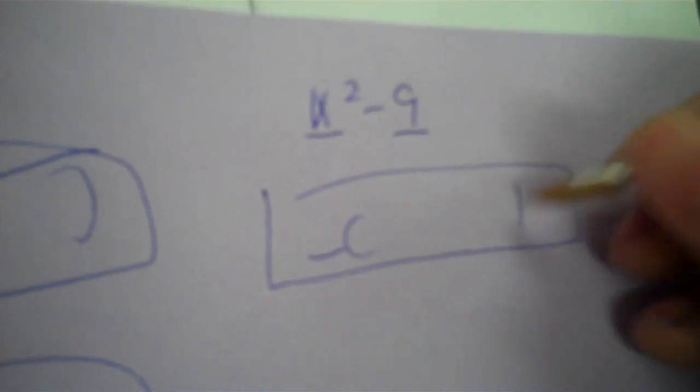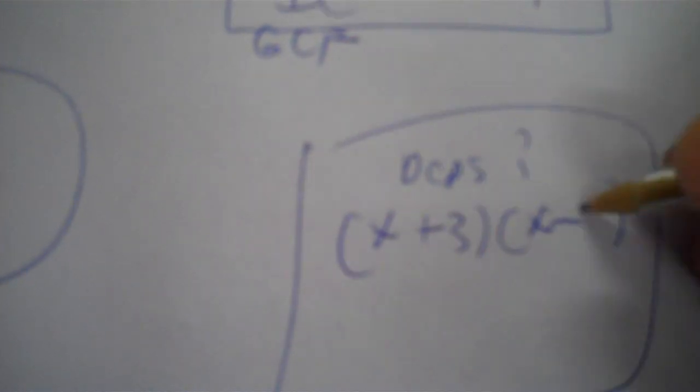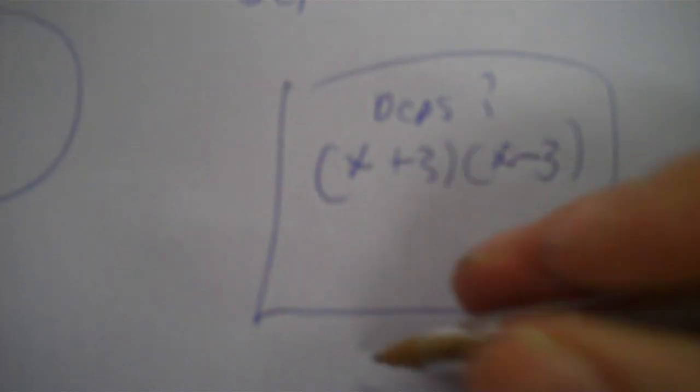That's 2 terms, so it'd be GCF, and then the difference of perfect squares. Now x on the end, negative 1's GCF, so you'd have a minus. You can take the 1 away, x times x, 3 times 3. So we replace this with this.